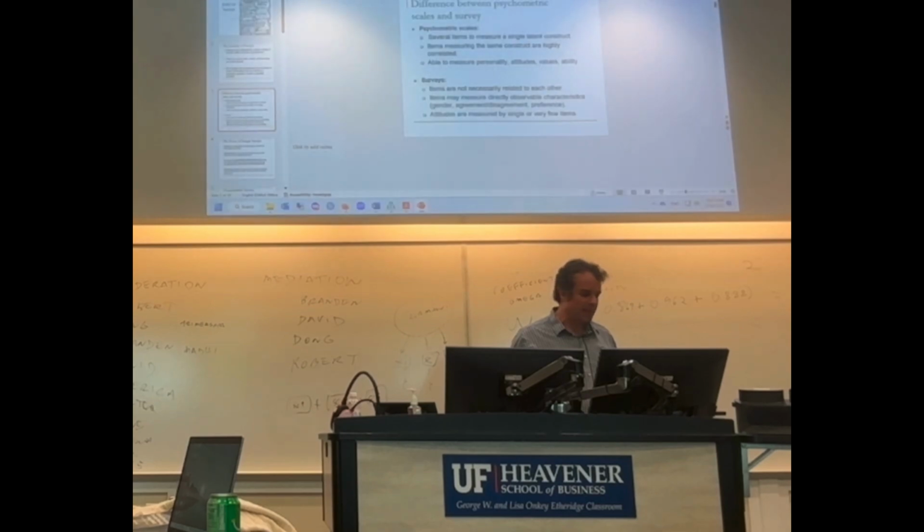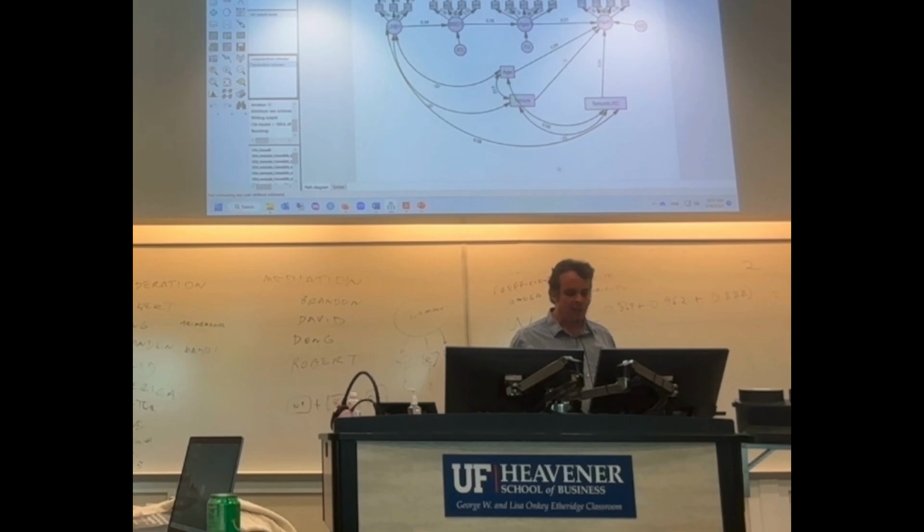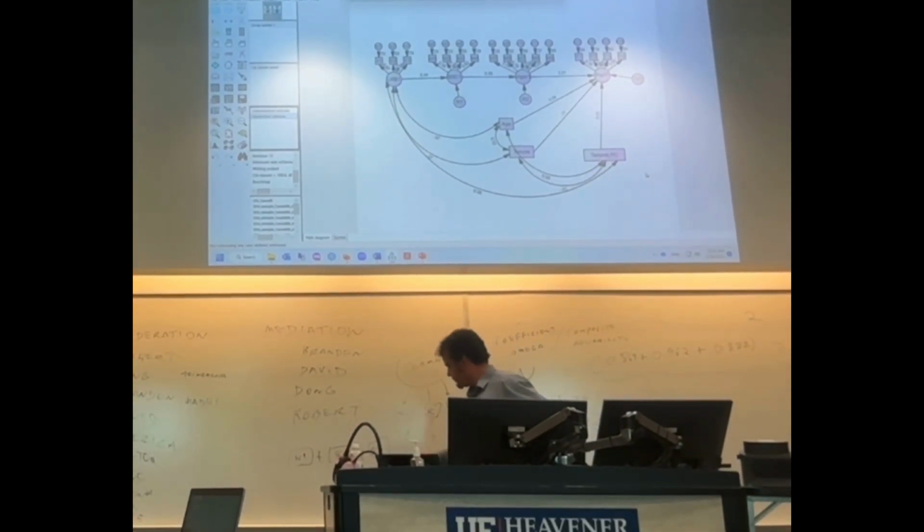Now there is one last thing I want to teach you, which is something that you need for the exercise, but it's also very helpful in general. What if you only have a composite, but you want to treat it as a latent variable?